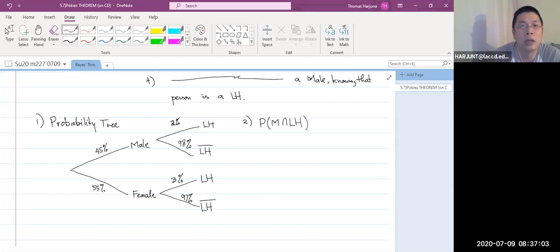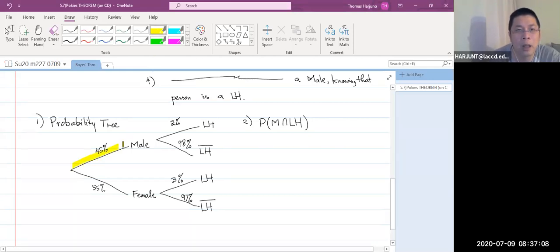The way we compute that will be the probability of male, times the probability of left hand given it's male. Let me write it down. This equals the probability of being male first, times the probability of being left hand given that person is a male.